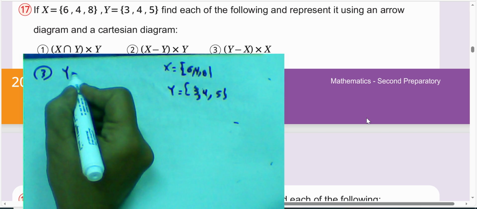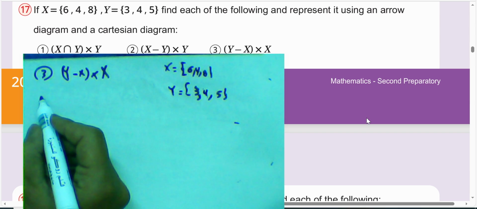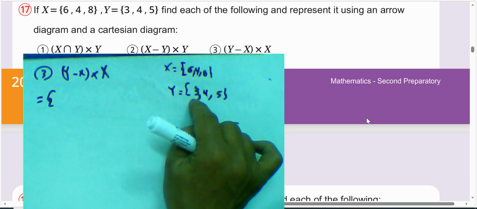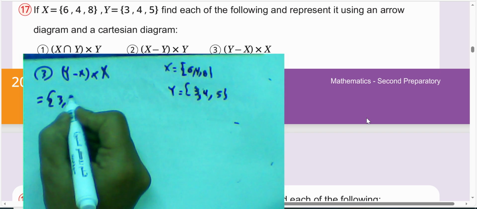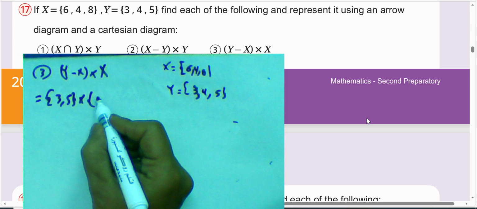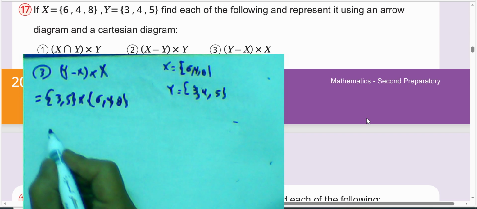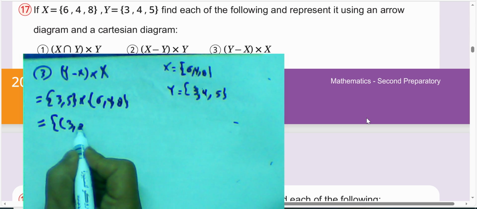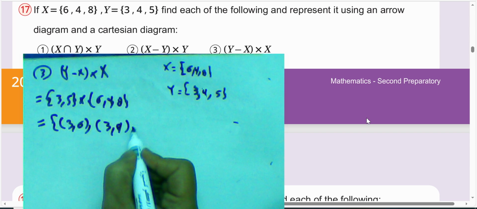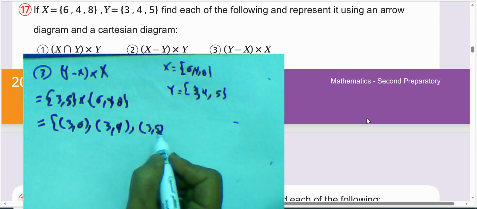We have y minus x, y difference x, Cartesian product by x. What are the elements in y and not found in x? We have 3 and 5. Cartesian product by x, x was 6, 4, 8. We can find the product: write 3 with 6, 3 with 4, and 3 with 8.